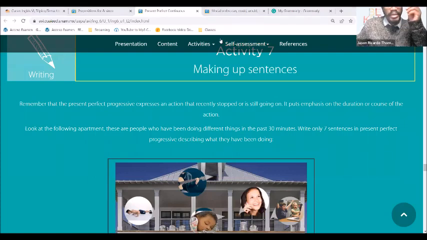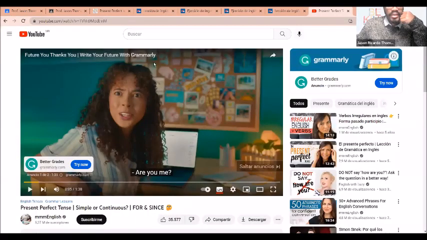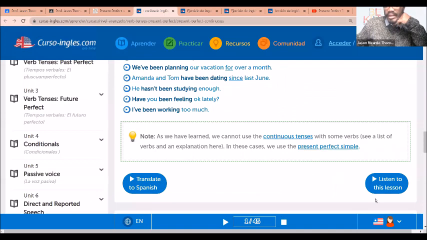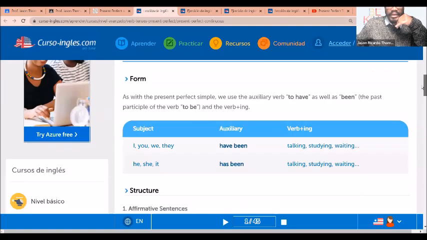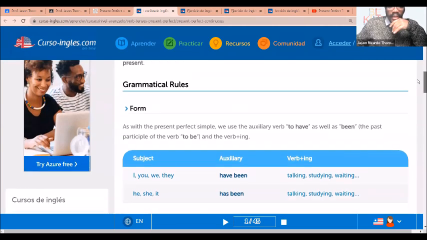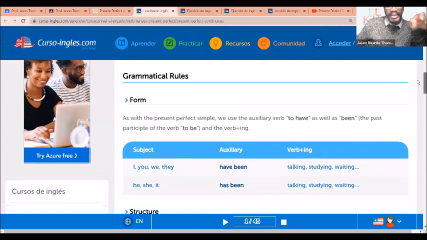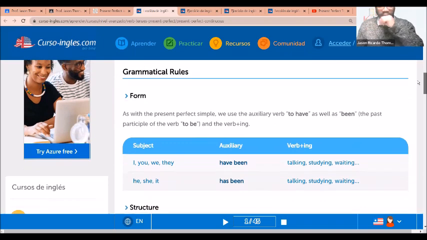Well, like the present perfect, and as you saw in the video, the present perfect continuous is used for expressing ideas, events that start in the past but have a connection to our present. The form uses your subject plus have been or has been, and then -ing because it's a continuous form, present perfect continuous.